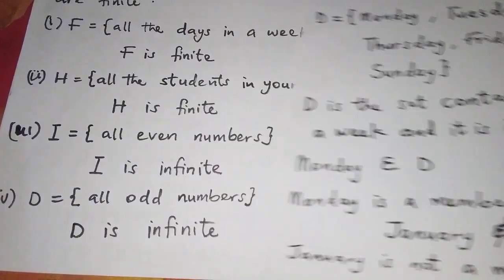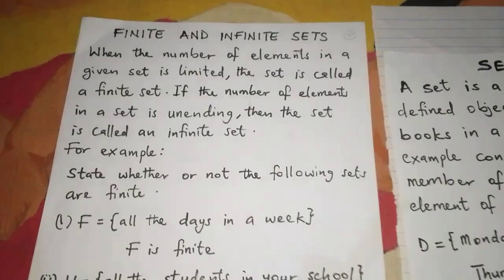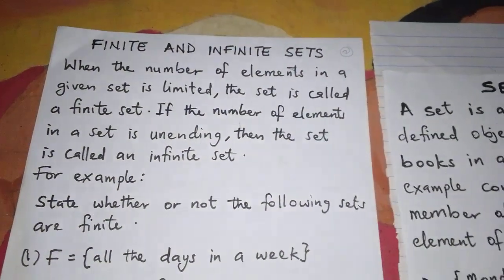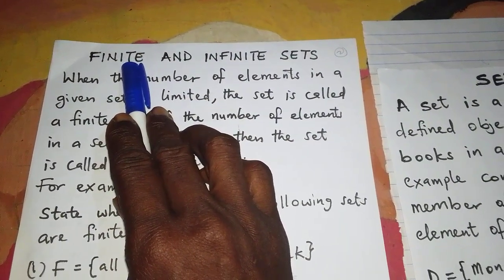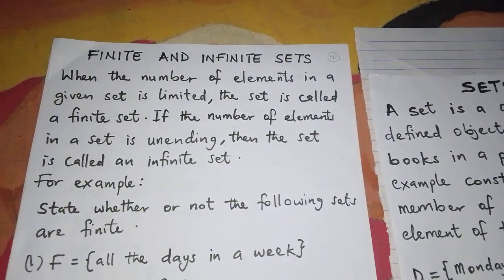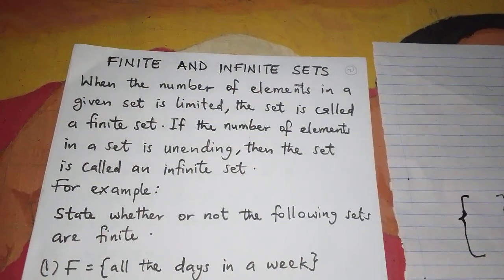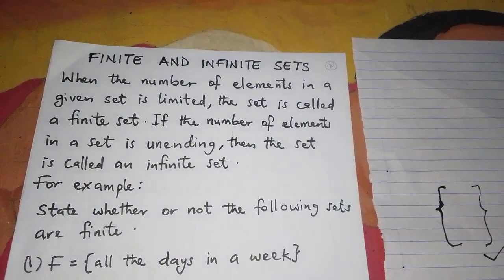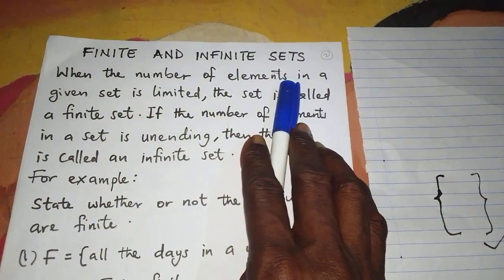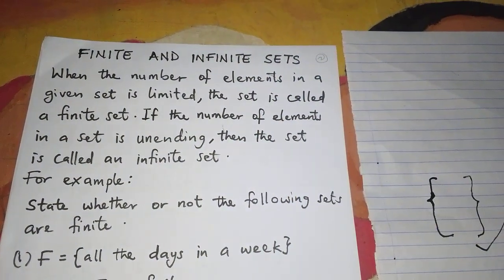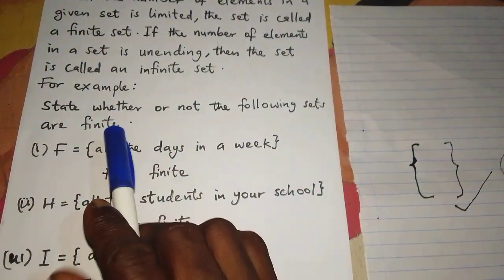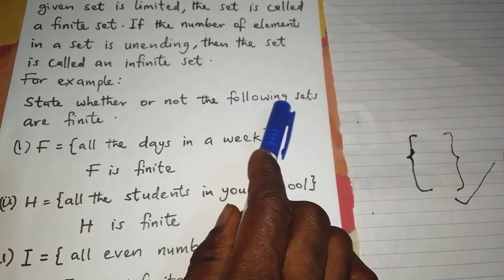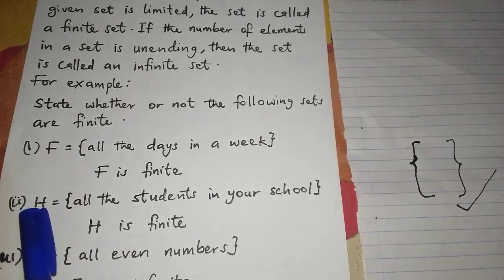Now, let's move on to finite and infinite sets. When you talk of finite, it is something that has a beginning and an end. It has a limitation. That is finite. But infinite means something that does not have an end. For example, state whether or not the following sets are finite.